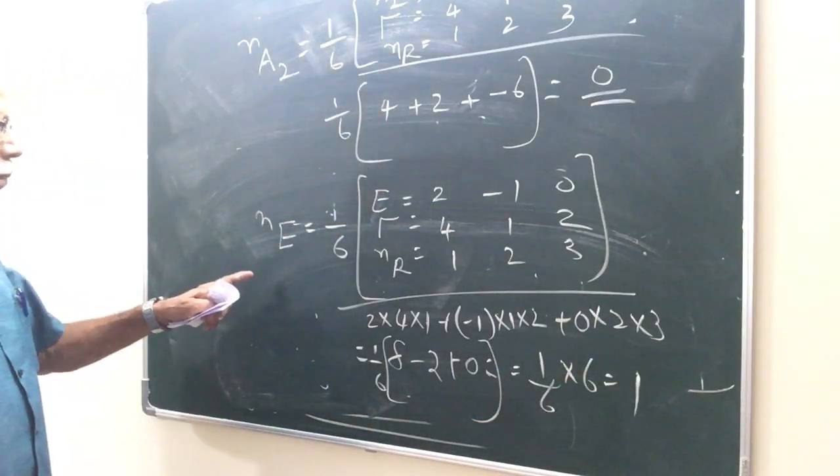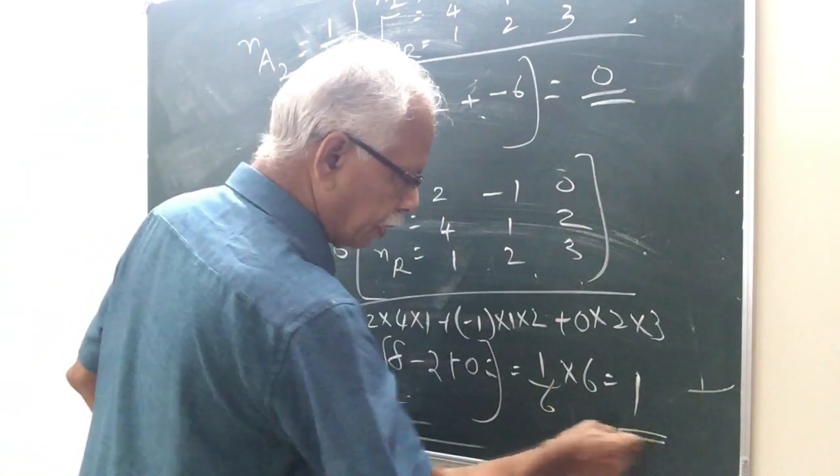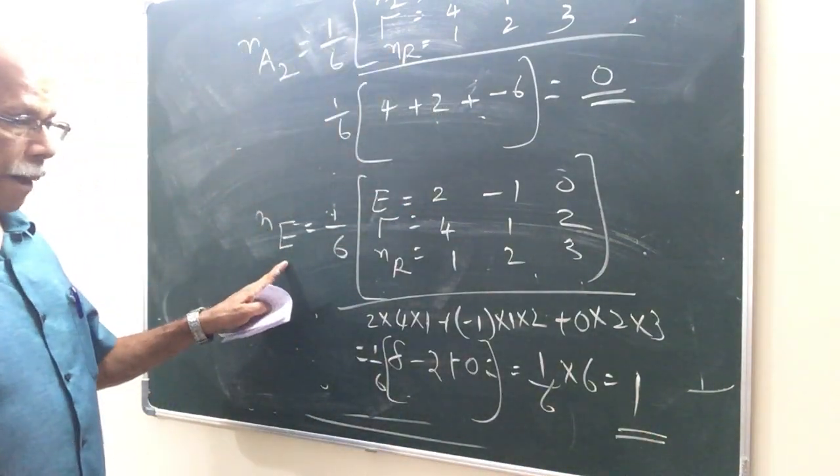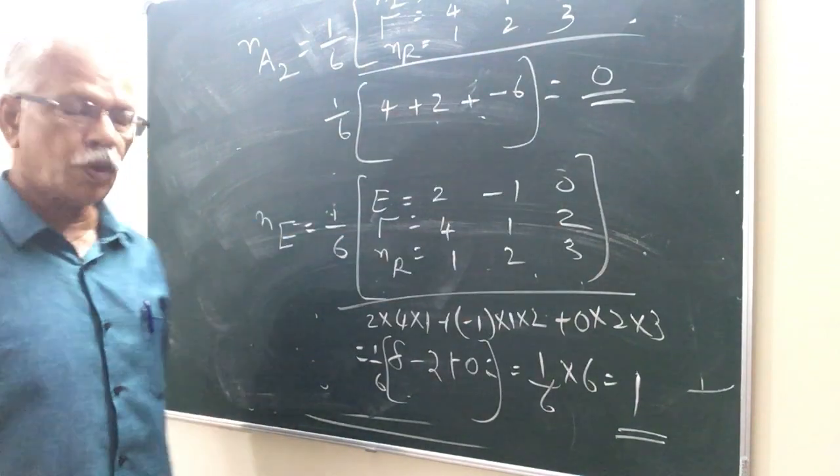So we find that there is a factor of E-type belonging to the original reducible representation.